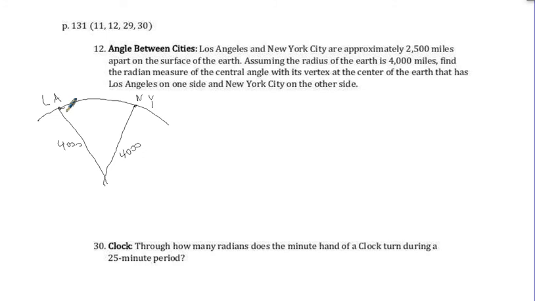And they say that the cities are approximately 2,500 miles apart on the surface of the Earth. And they want us to find the radian measure of this central angle.